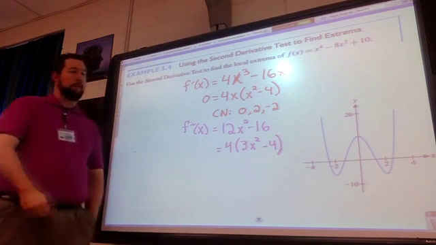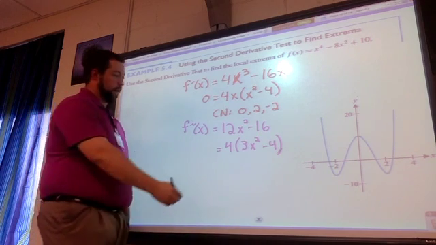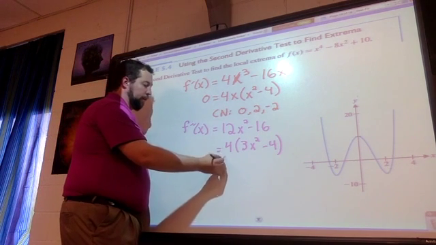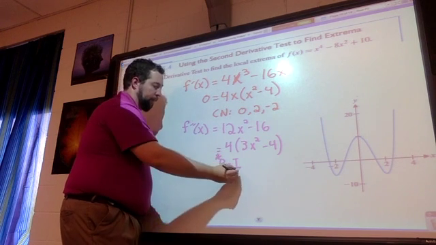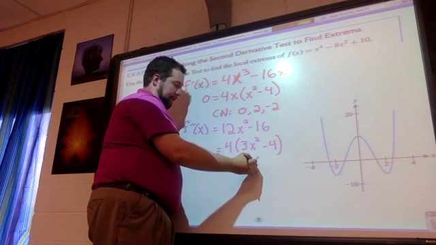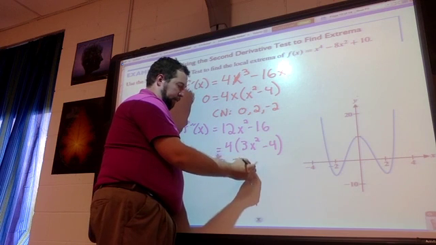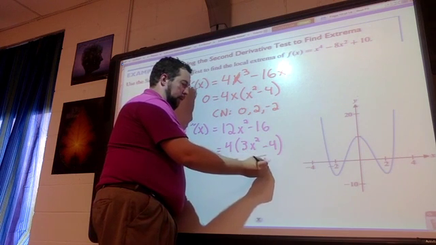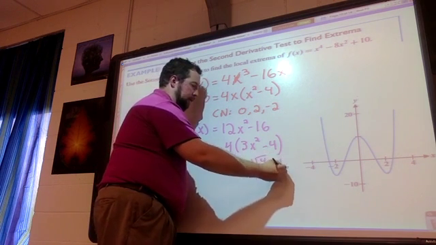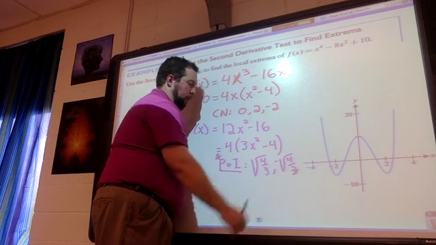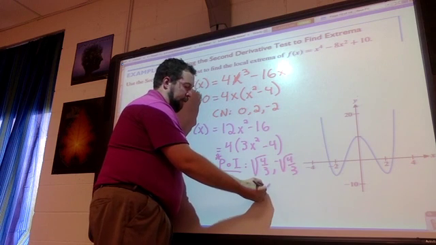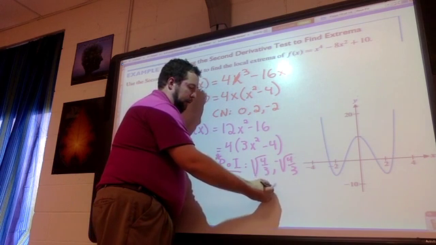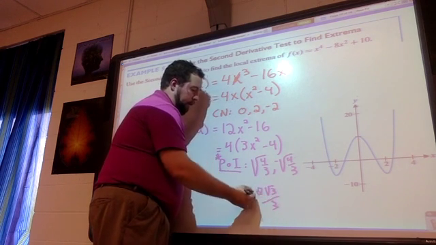If you add the 4, divide by 3, and take the square root, then your possible points of inflection, a little star because they're possible, are going to be at the square root of 4/3 and a negative square root of 4/3. If you want to clean that up a little bit, that's going to be positive or negative 2 square roots of 3 over 3.